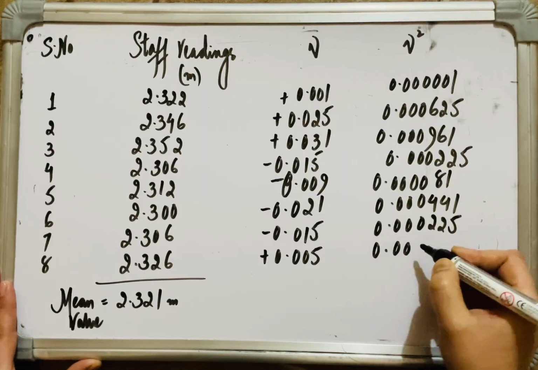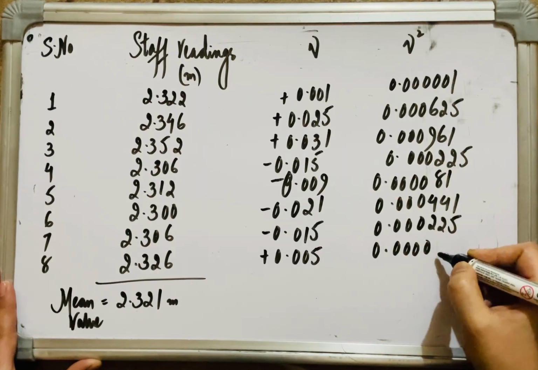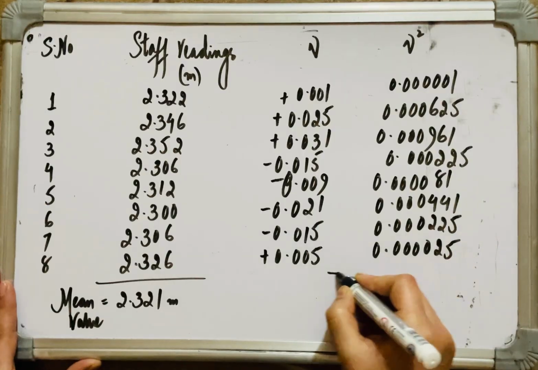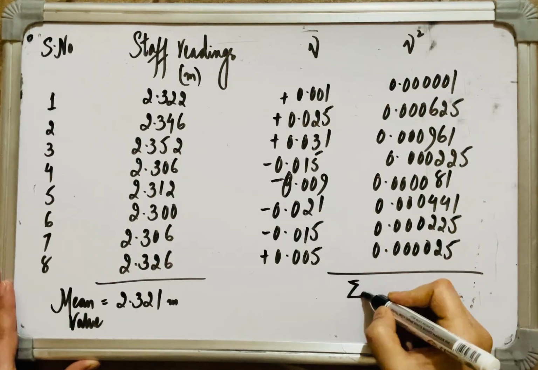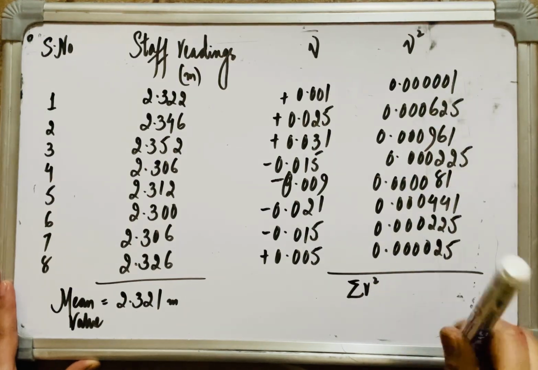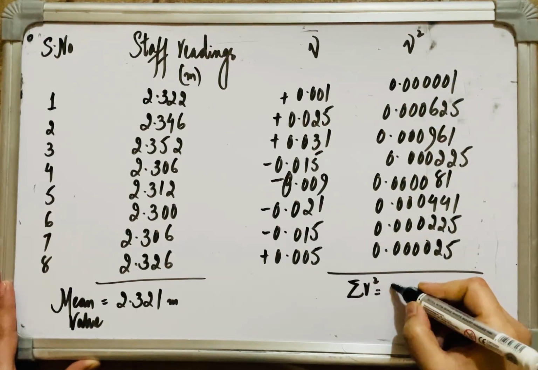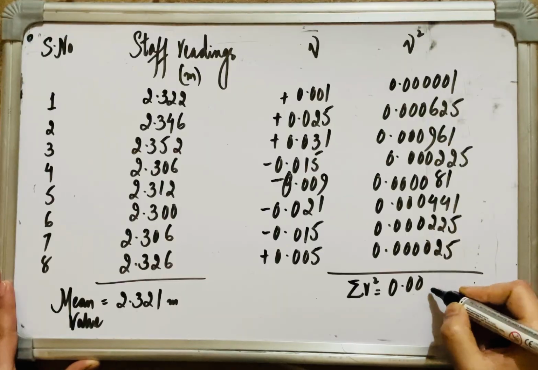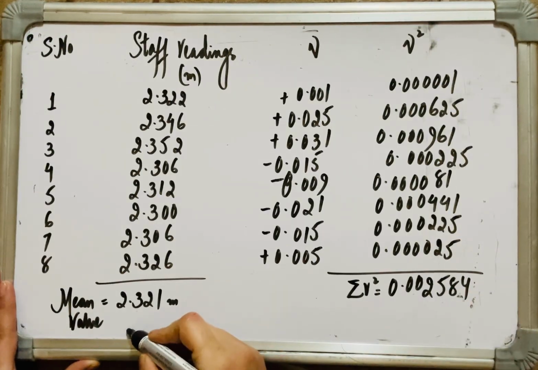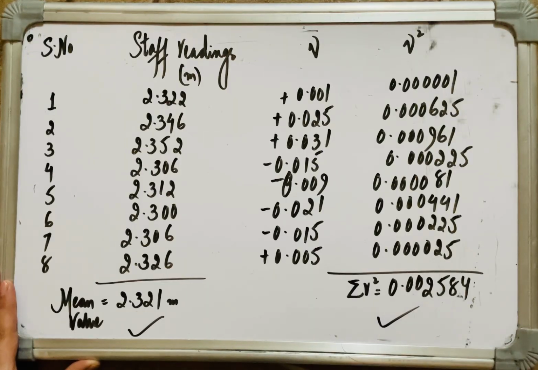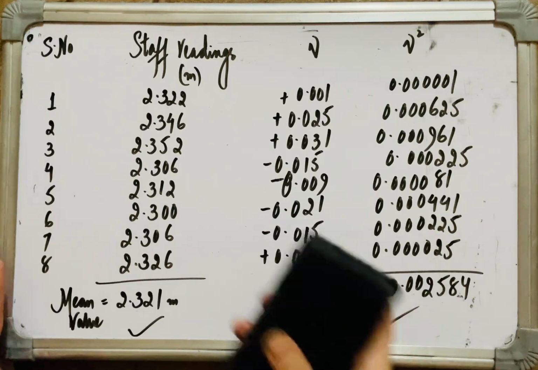Last value is, all right, so I calculated the square of the variation. Now the task is to calculate the summation of these squares, which by calculation is equal to 0.002584. I calculated the mean value, I calculated the summation of v square. Let me rub it first and let's move on.